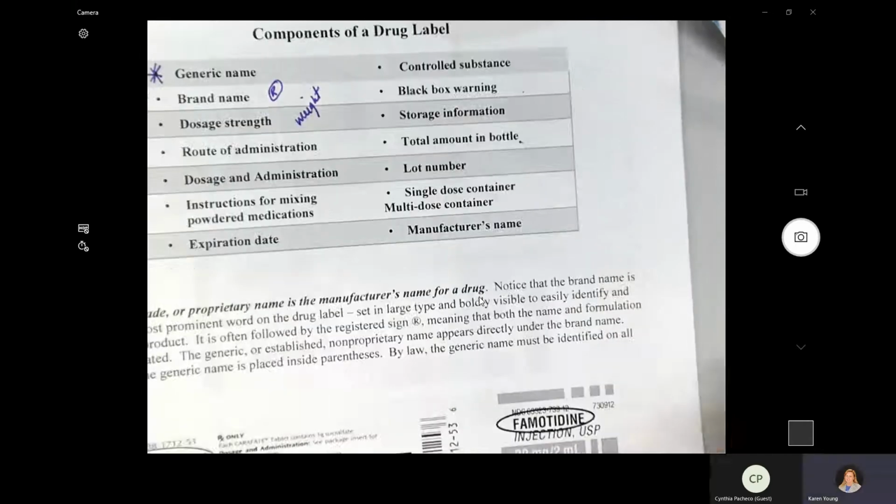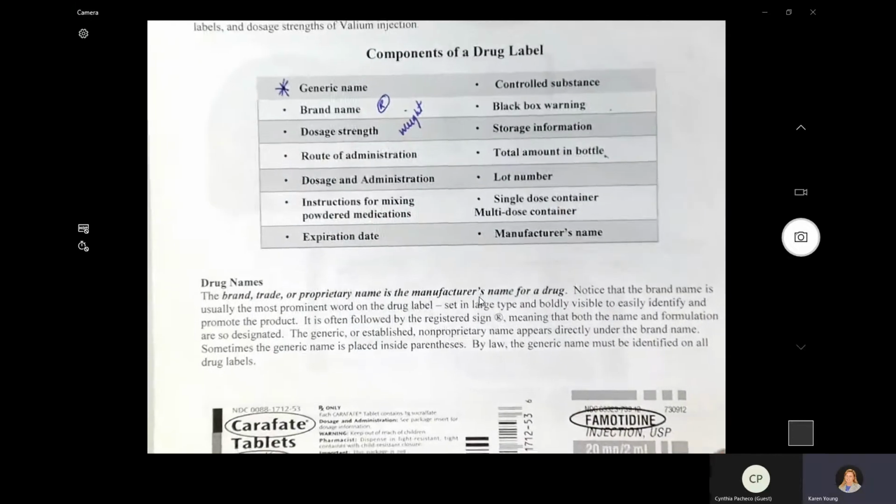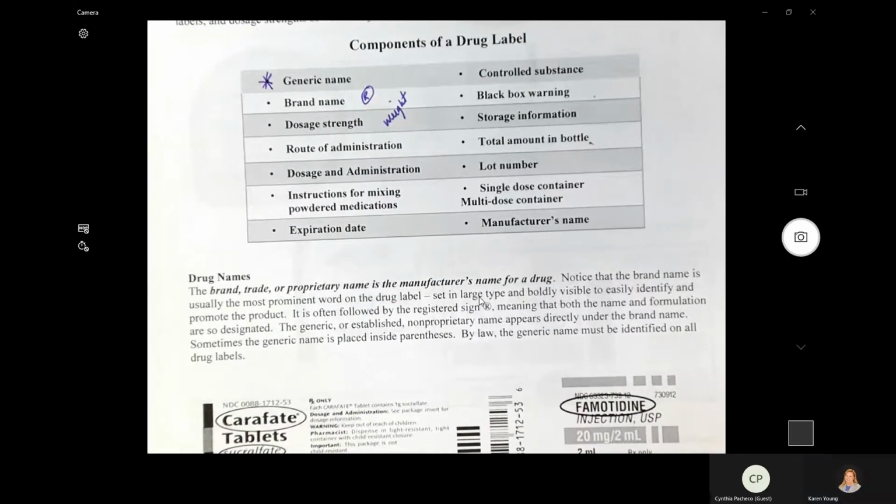If we look down a little bit, the brand name, or the trade name, also called a proprietary name, is the manufacturer's name of the drug. The brand name is always the most prominent word on the drug label, and it's set in large type and boldly visible to easily identify.